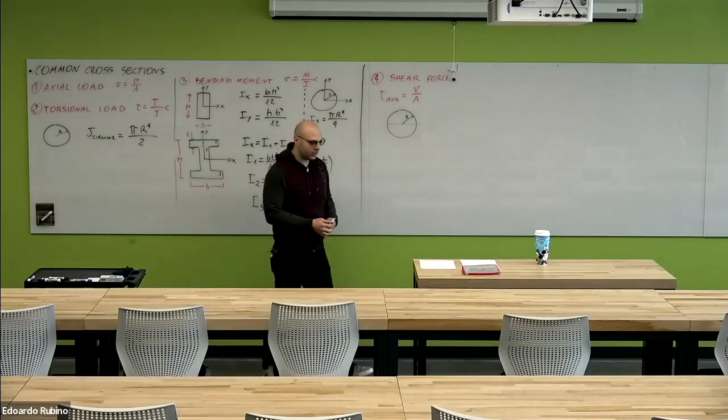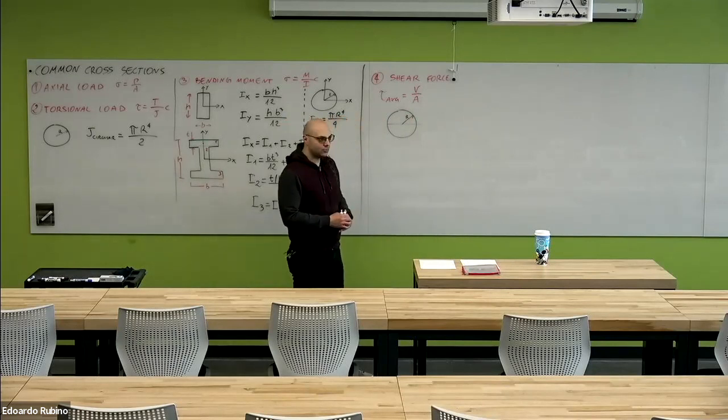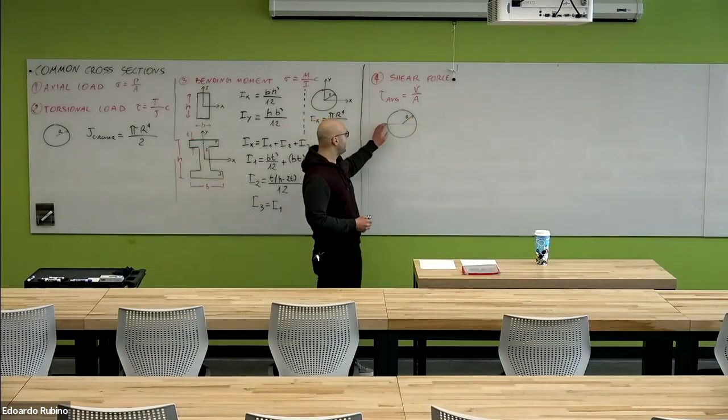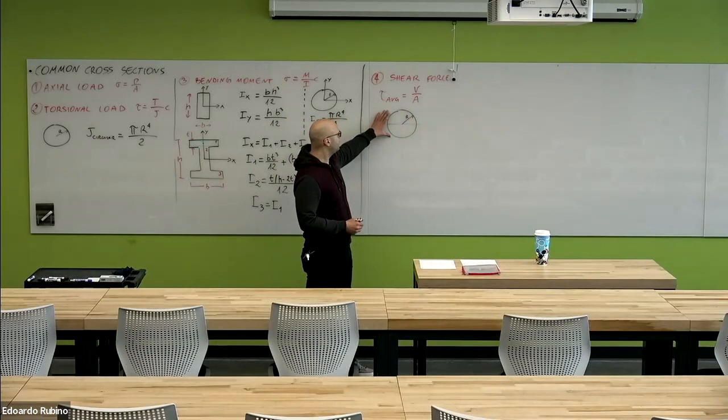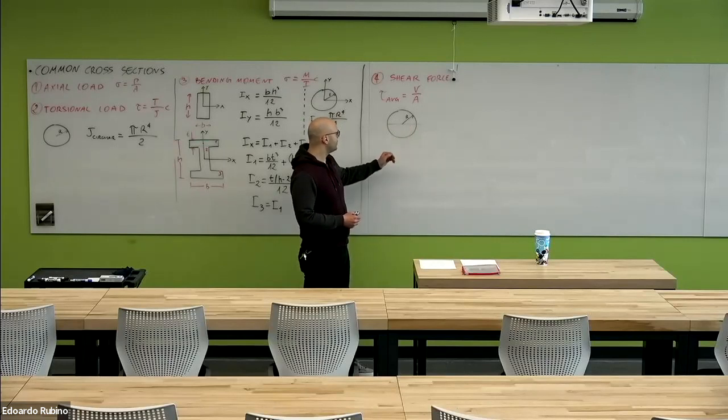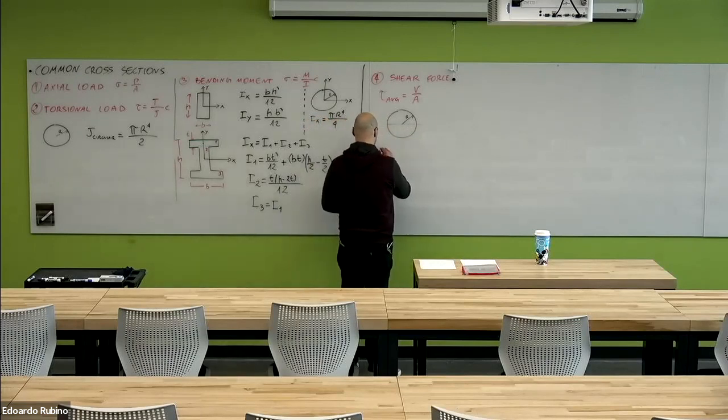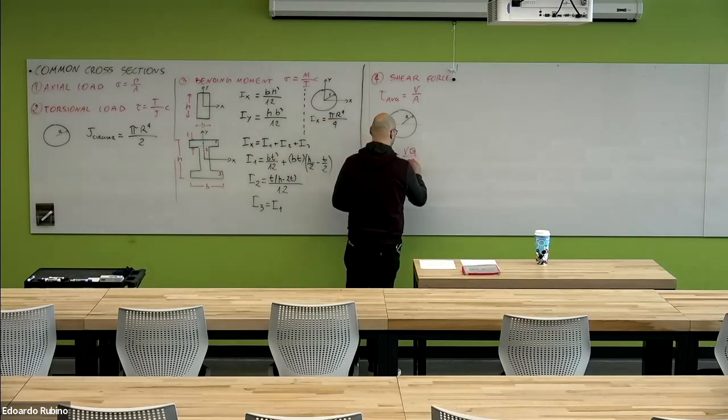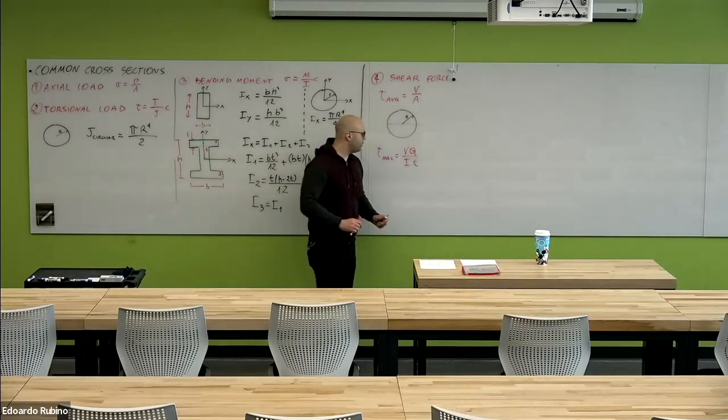And when we have a circular cross section, we know that the maximum shear stress that we obtain is at the neutral axis. So in the case of a circular cross section, the neutral axis is in the center of the circular cross section, and in order to obtain the exact value of the shear stress at the neutral axis, we can use the equation VQ over IT.